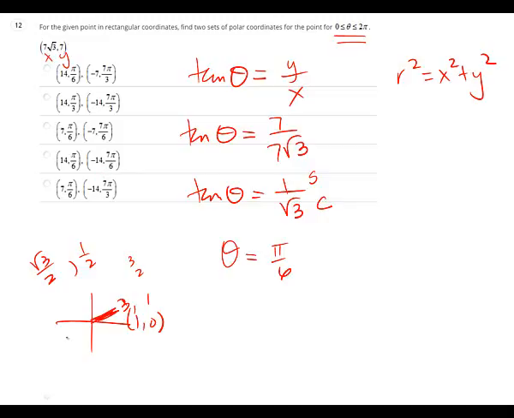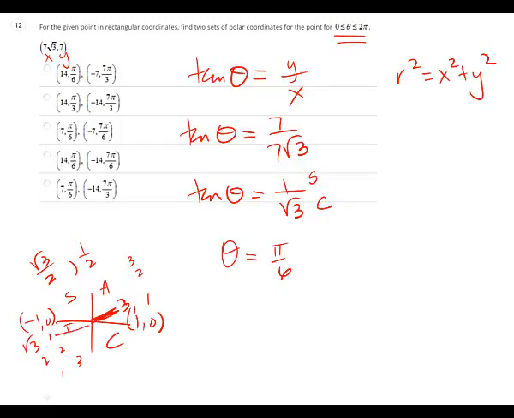What other quadrant is tangent positive in? Quadrant 3. So I'm also looking for this same coordinate in quadrant 3. I know that this is -1, 0. So 1, 2, 3, 1, 2, 3.